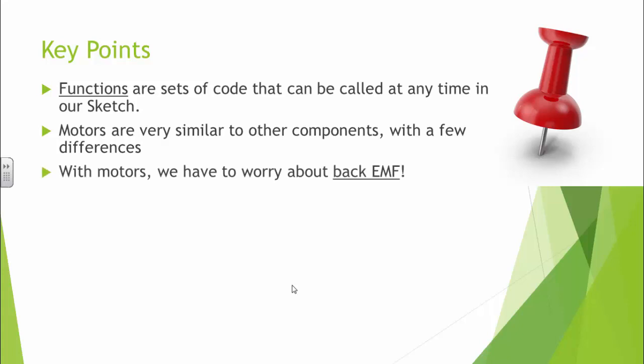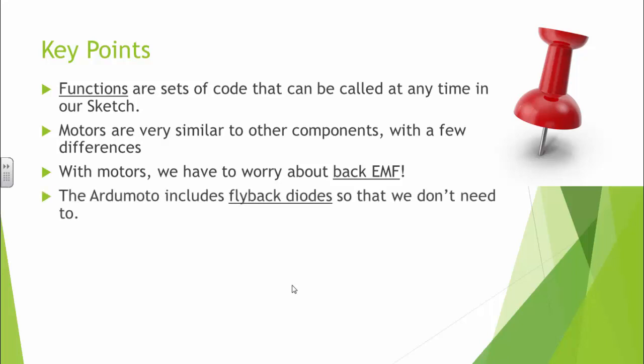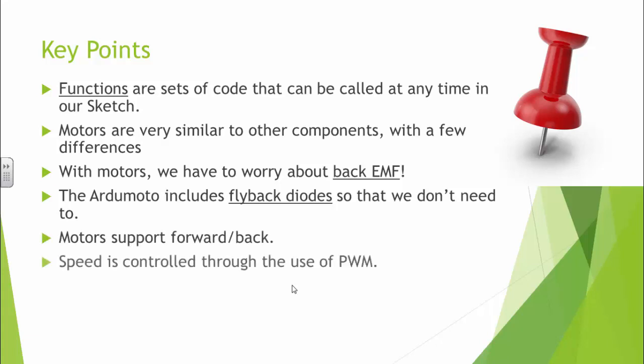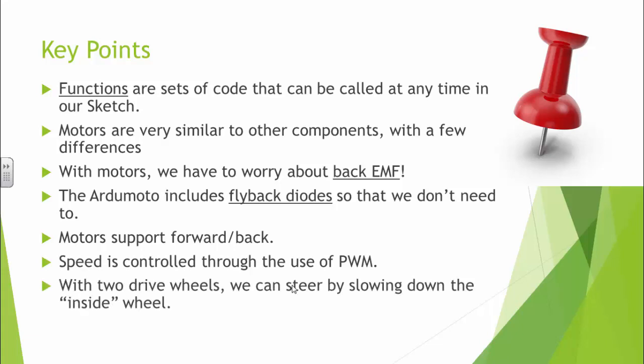We talked about and defined back EMF and talked about why flyback diodes are so important if we're going to do electronic control of motors. And we examined how a motor controller can be used to drive 2 motors supporting reverse, pulse width modulation, and you had a look at how to control the movement of a robot based on relative speed of the wheels.